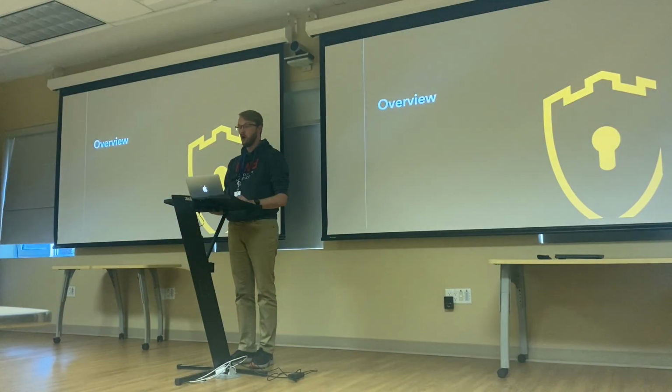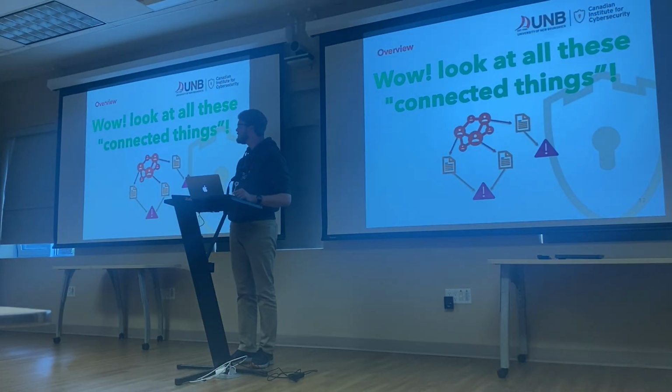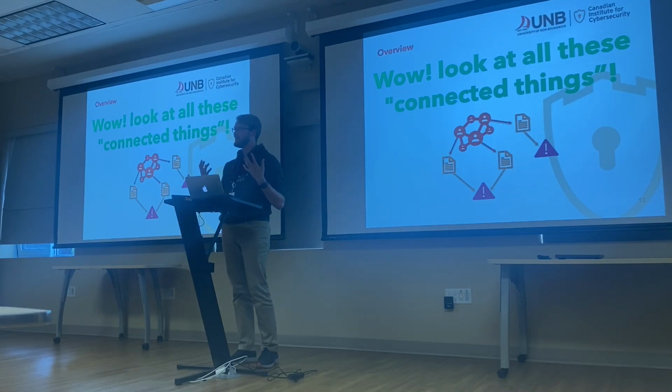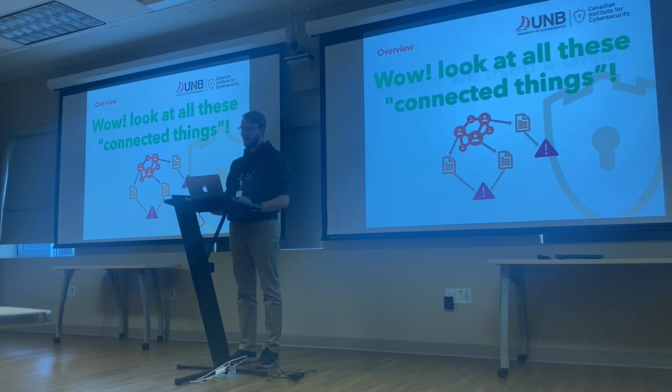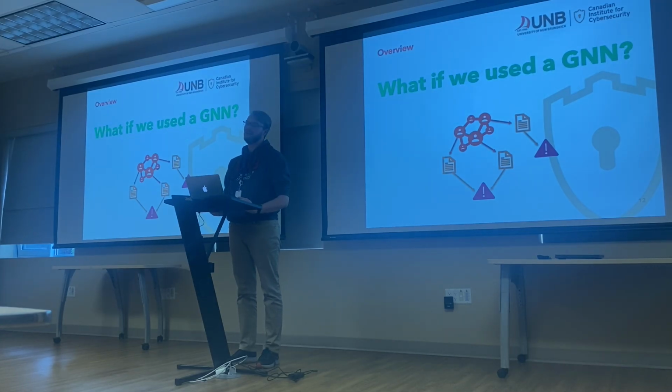So jumping into some overview on the paper, we might first look at these connected items and think, whoa, look at all these connected things. Like, I know something I could use that works with this kind of connection or this relational data. I could use a GNN, right? And GNNs are fantastic.